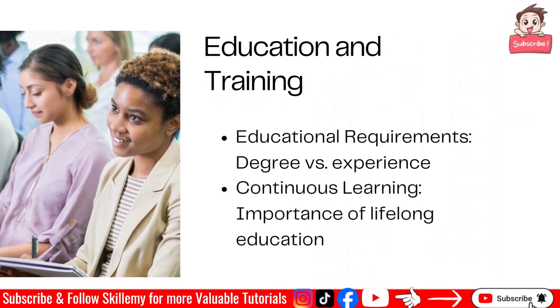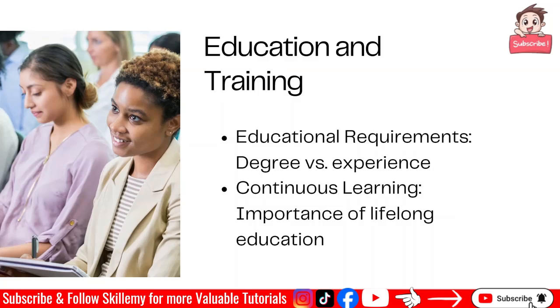The next one is education and training. In education and training, there are educational requirements like degree versus experience. A degree is like you're studying for a particular job. Suppose you want to do nursing, you're studying for nursing, doing a bachelor's in nursing.